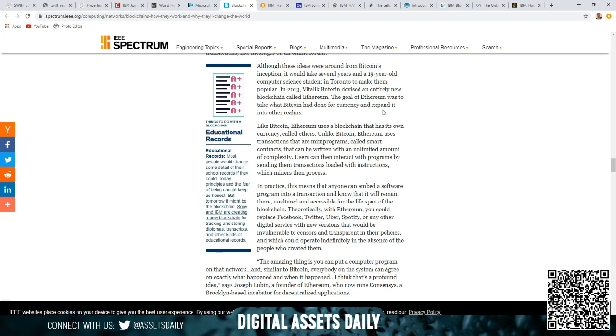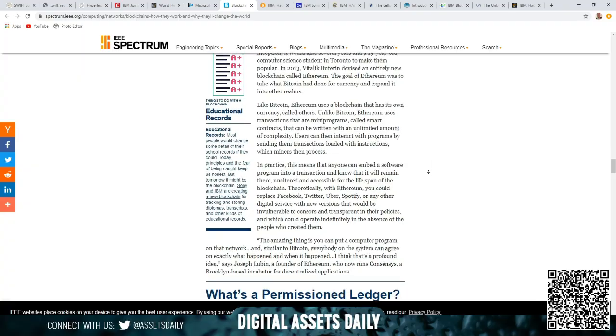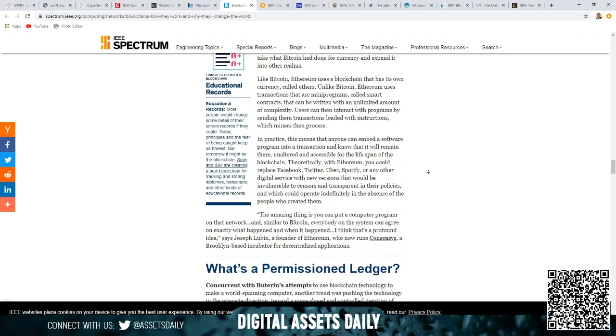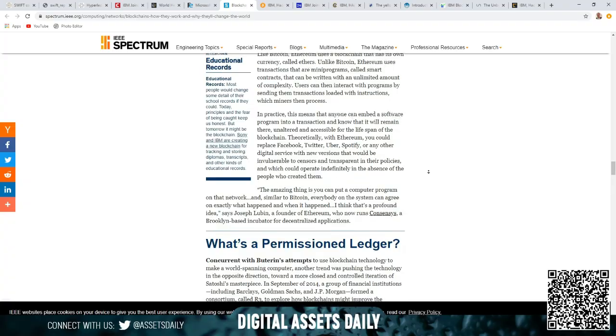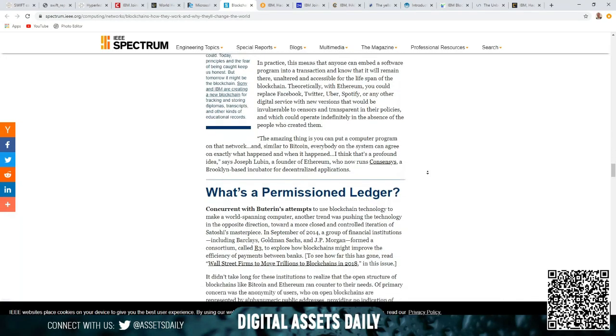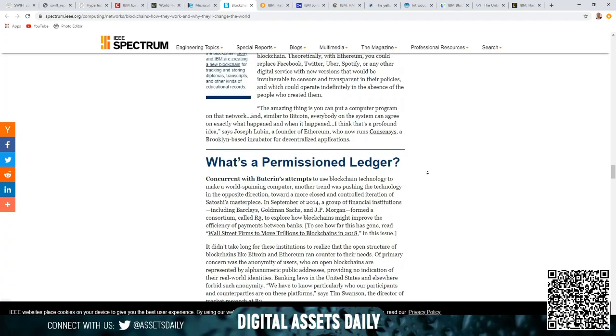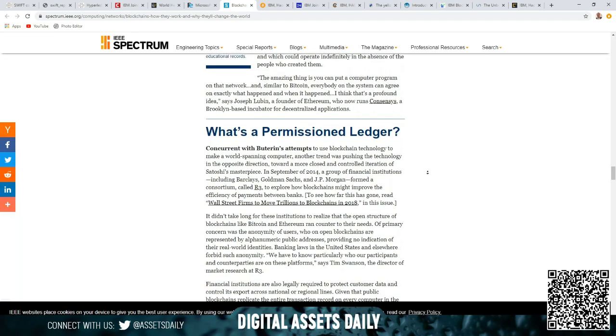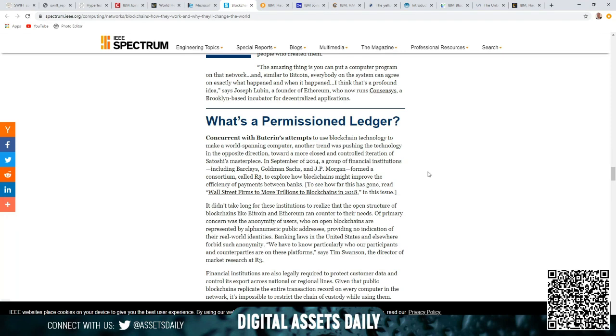The goal of Ethereum was to take what Bitcoin had done for currency and expand it into other realms. And there are a lot of other lanes or realms focused on Ethereum, not so much as competition, because it's mostly about its smart contract capabilities. And I'm not skipping consensus on purpose, because we already know the connections there.